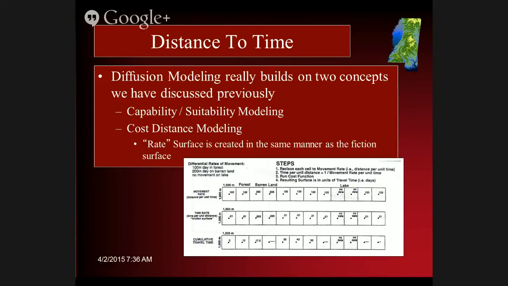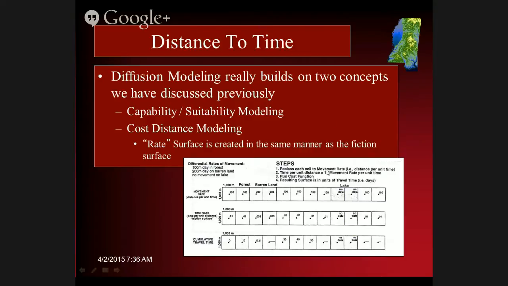Okay. So if we say a 200 movement rate and a 100 movement rate, 200 is twice as fast. But if that's a cost rate, and we're going to use cost distance modeling for this approach, those numbers won't work. And so to turn a movement rate, which is in distance units per time, in other words, here it's meters per day, we want to turn that into something that's more like a cost.